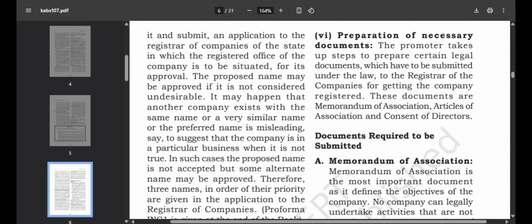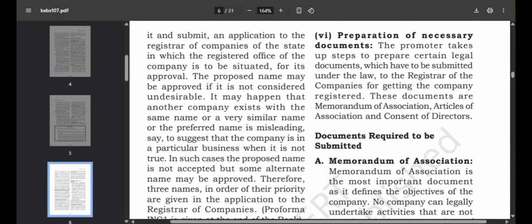So if your name is the same as some other business, or is very similar to some other business, or is misleading, in these cases your name will not get approved, and some alternate name will be approved. Therefore, three names in order of their priority are given in the application.